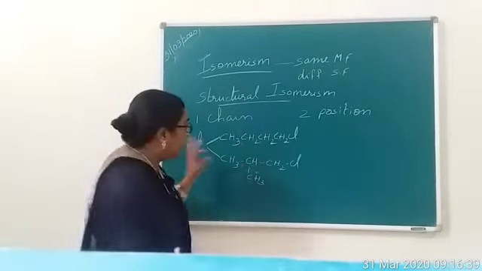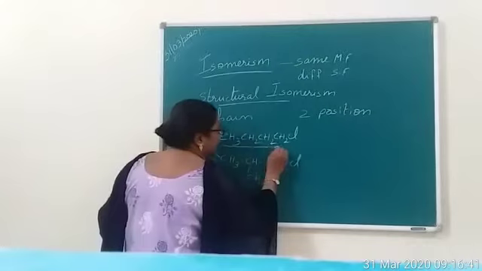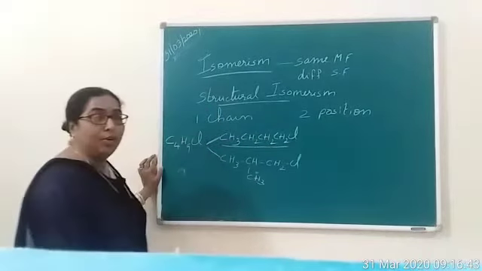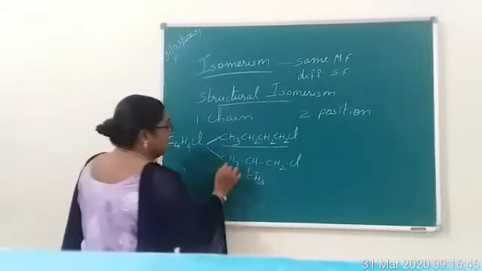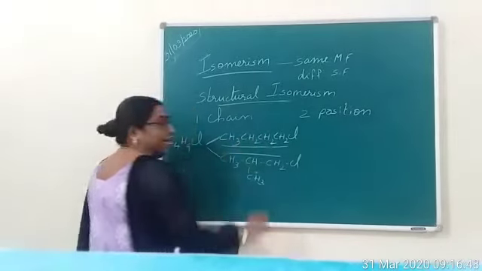They show difference in carbon skeleton: the first compound contains a straight chain of 4 carbon atoms, but in the second you can see a straight chain of 3 carbon atoms.